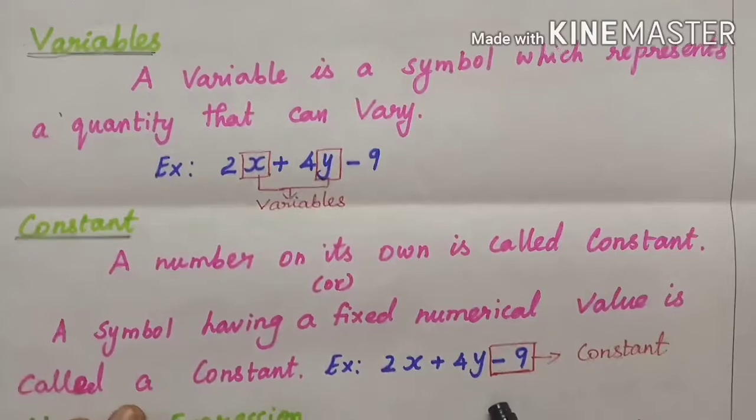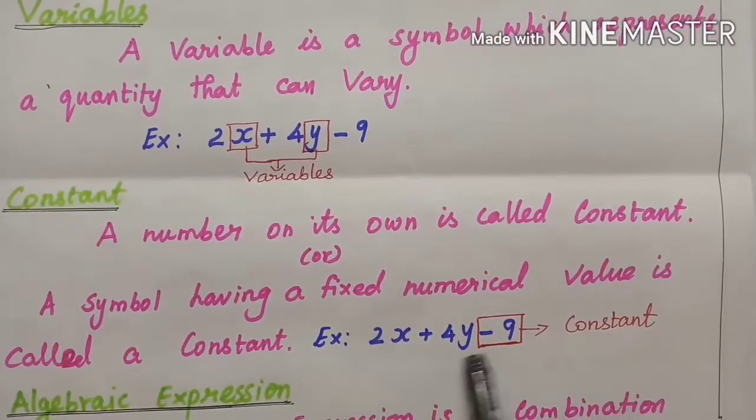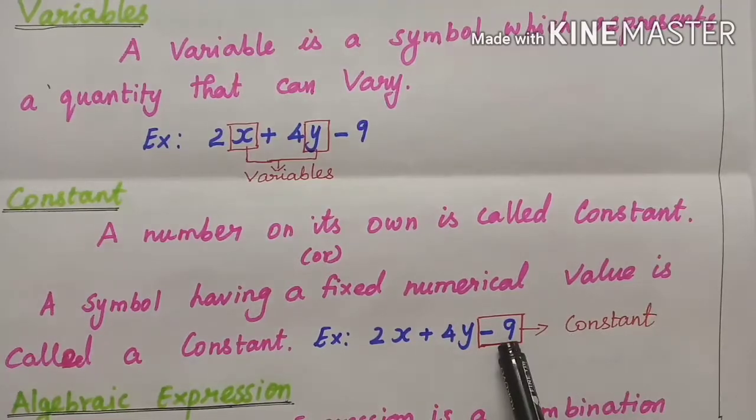Same example here also I am going to take. In this expression, minus 9 is the constant. 9 is a constant number. It has a fixed numerical value; the value of 9 does not change. So 9 is called a constant.